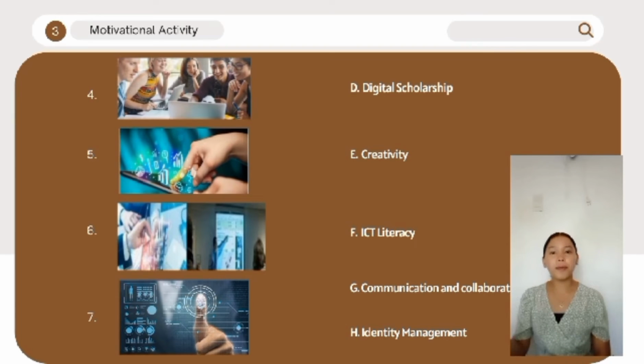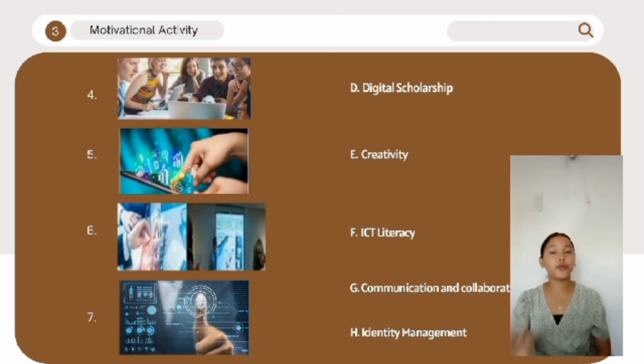So, class, based on this activity, what do you think is our topic for today? Very good. So, our topic for today is about the digital literacy, and aside from that, we will also discuss the digital literacy skills in the 21st century.